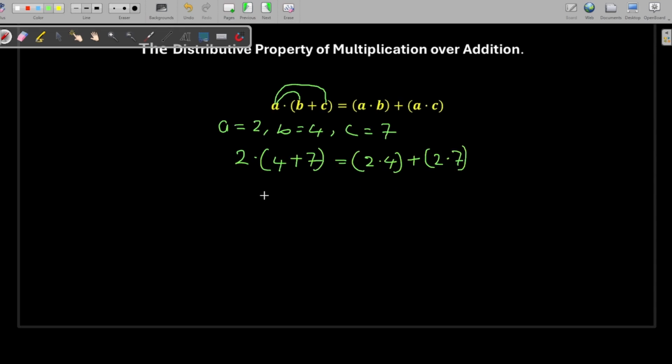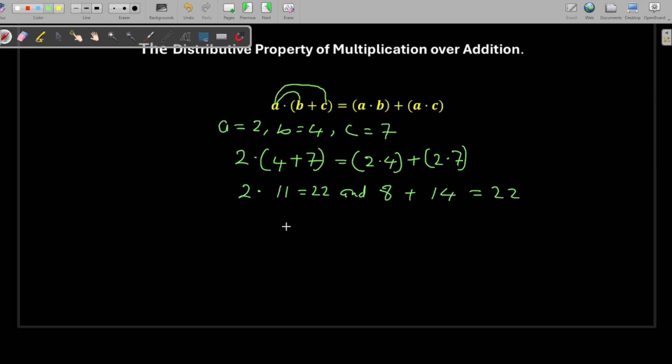First, let's solve what we have inside the parentheses. So 4 plus 7 will give us 11, and 2 multiplied by 11 will give us 22. And 2 multiplied by 4 will give us 8, plus 2 multiplied by 7 will give us 14. So 8 plus 14 will also give us 22.